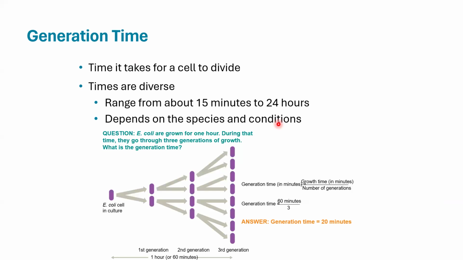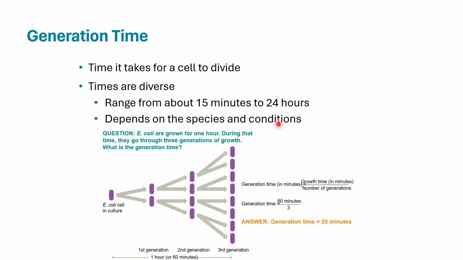And so that brings us to thinking about microbial generation time. So generation time is a pretty important concept. This is how long it takes for an individual cell to completely divide and form two cells. And the amount of time it takes for this to happen can be largely variable.